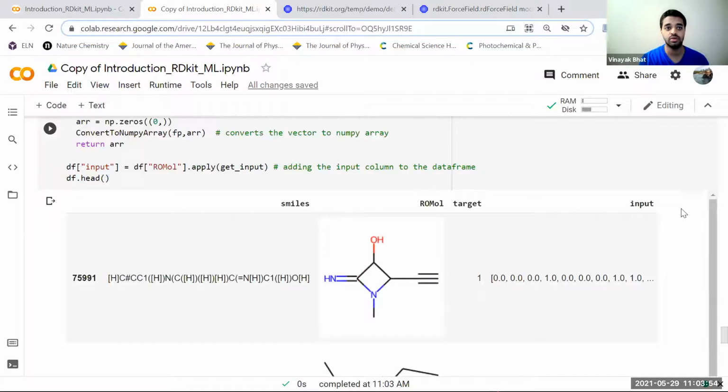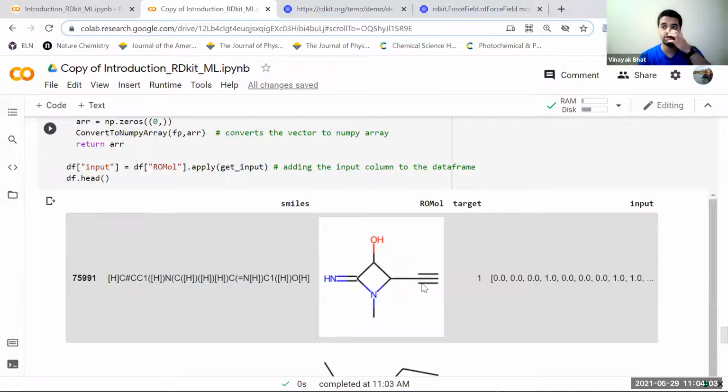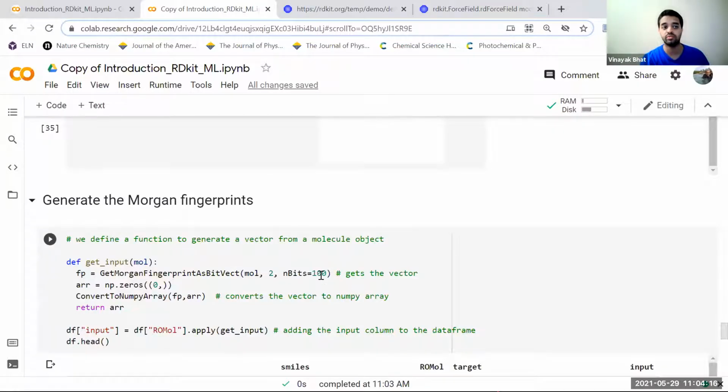So this is the input, 0, 0, 0, 0, 1. This is based on how the atoms are arranged or attached in the system, and this will be a 100 dimension vector. So this is 1, 2, 3 zeros. It'll be 100 because we have applied 100 bits into it.